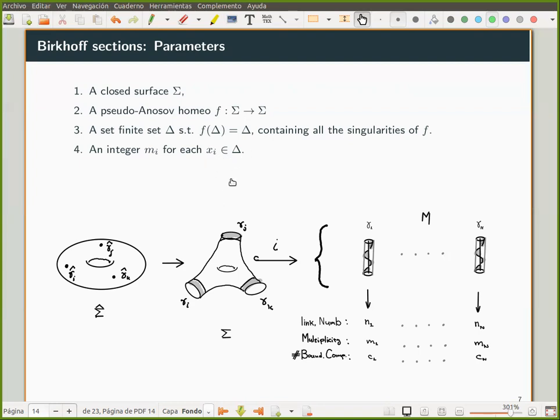Okay, and the genus of this surface is not necessarily one. So these pseudo-Anosov homeomorphisms will have singularities in the case of greater genus.